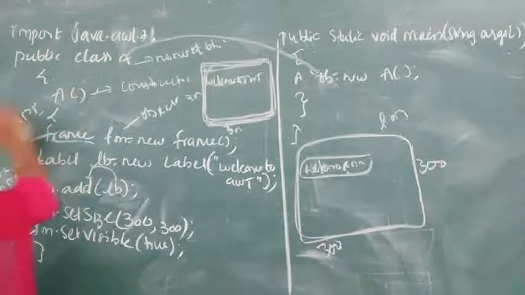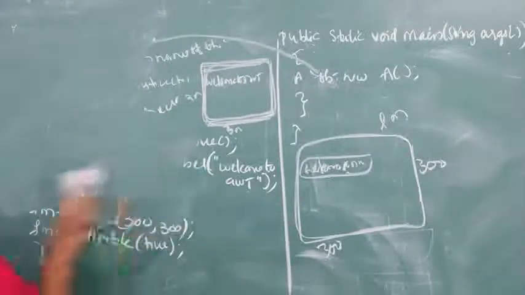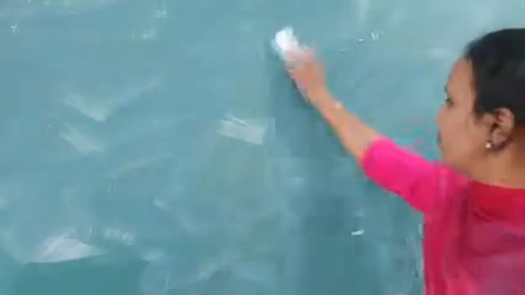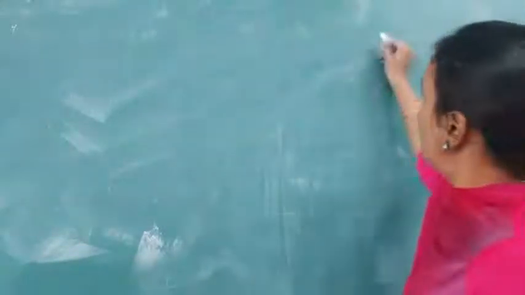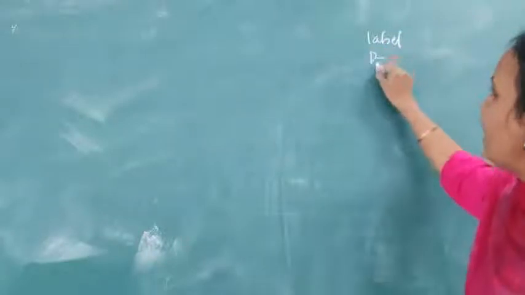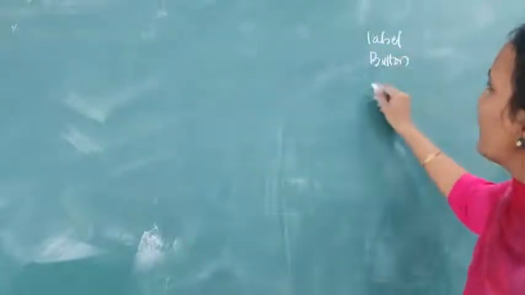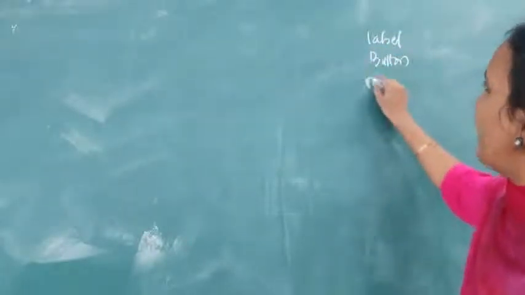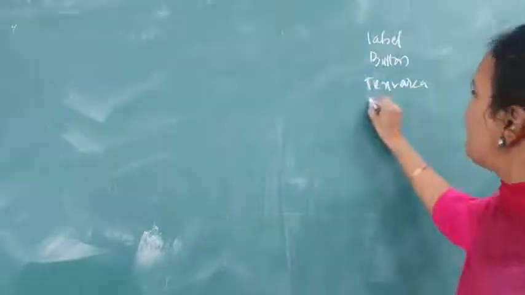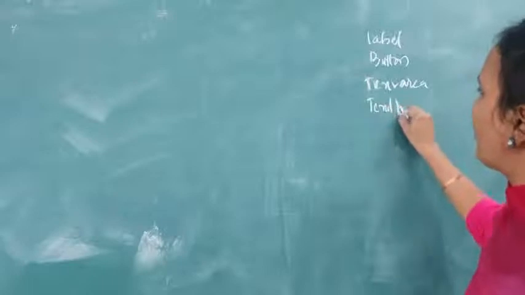Now, next program, we add different components to our window. See example, different components I want to add. The first one is a label I want to add, a button I want to add, a text area I want to add, and a text field I want to add.